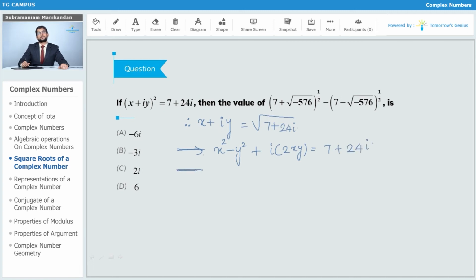So this gives us x square minus y square is equal to 7 and 2xy is equal to 24.